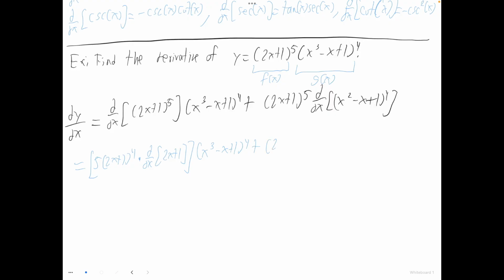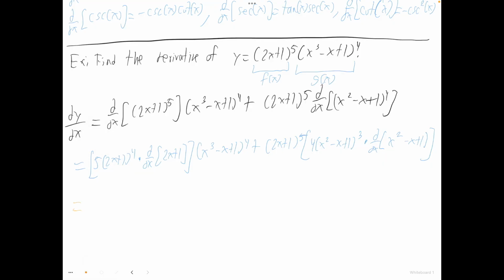Then plus 2x plus 1 to the 5th times the derivative of the outer function, which is the 4th power, so we have 4 times x cubed minus x plus 1 cubed times the derivative of the inner function, x cubed minus x plus 1. We're just using the chain rule on both of those pieces.